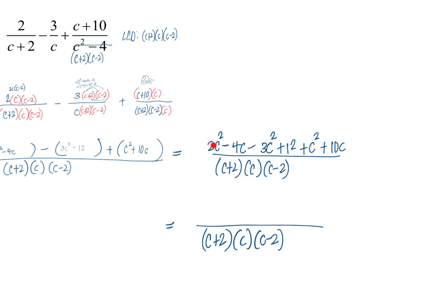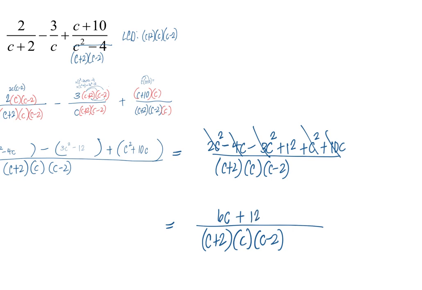C squared plus 2C squared is 3C squared, and 3C squared minus 3C squared completely cancels. So that's gone. And then we have a negative 4C and a positive 10C. So that would give us 6C. And then once you combine those, you're just left with 12.